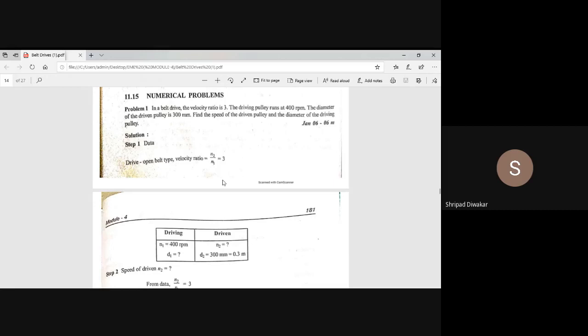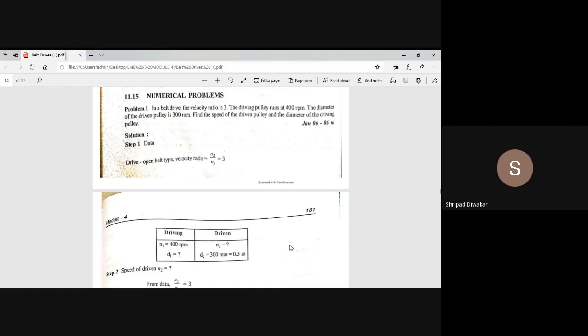N1 is 400 RPM, and D1, our aim is to find out the diameter of driving pulley. N2 is the speed of driven pulley, we don't know. D2, diameter of driven pulley, is given 300 mm, and one more thing, you have to convert in meters. 300 by 1000, you'll get 0.3 meter.